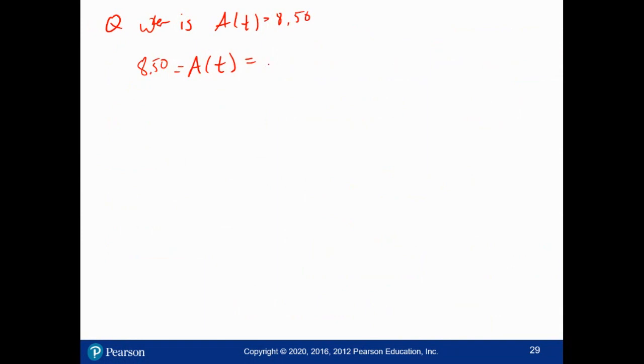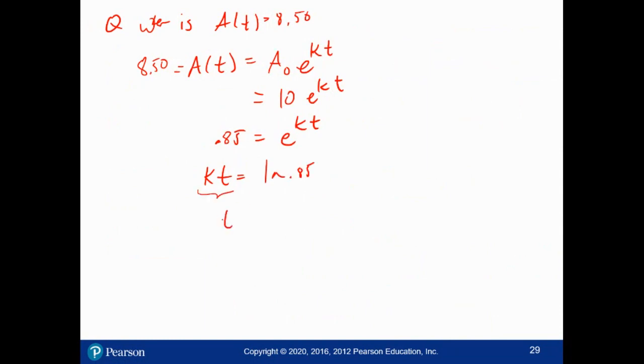On the other hand, I want it to be A sub naught e to the kt. And I know A sub naught is 10. Then I could divide by 10, and we'd get 0.85 is equal to e to the kt. I would take a natural log, and I'd say k times t is equal to the natural log of 0.85. But now I have two unknowns. I do, however, know that t is going to be the natural log of 0.85 over k. I just don't know what k is.